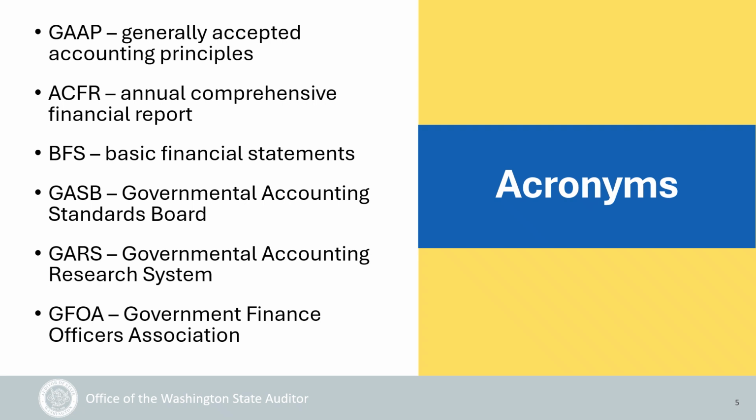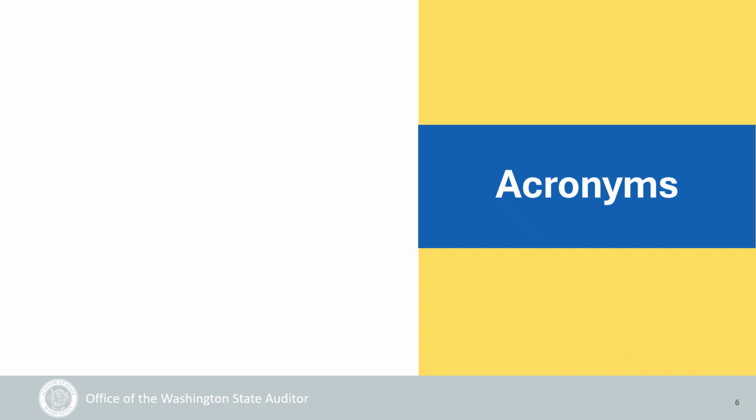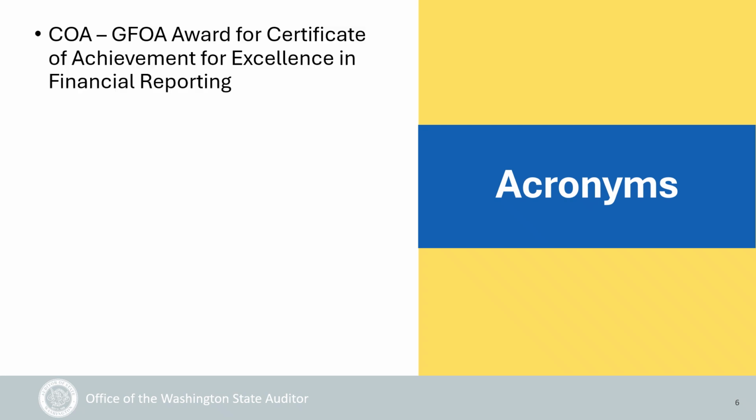And GFOA, the Government Finance Officers Association. This is the U.S. and Canadian Association for Government Finance Professionals. GFOA has an award program, the COA, which is the Certificate of Achievement Award for Excellence in Financial Reporting. We will go over the program a little later.